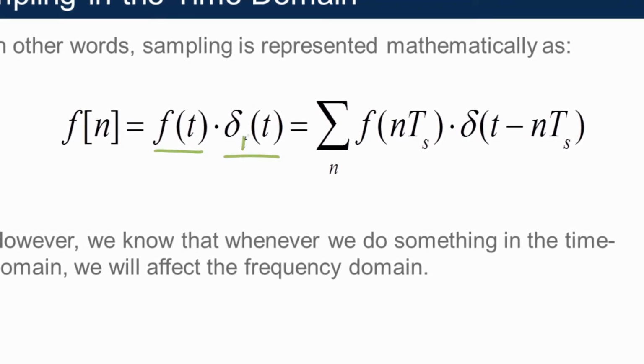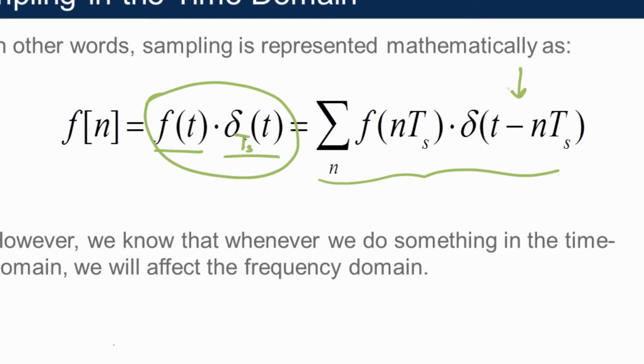And here, this ts just denotes the spacing between our delta functions. All right, so we can write this this way here, again using this notation for a train of delta functions, or we can write this explicitly as a sum, where here this is again a way of denoting this train of delta functions that we're using as our sampling function.